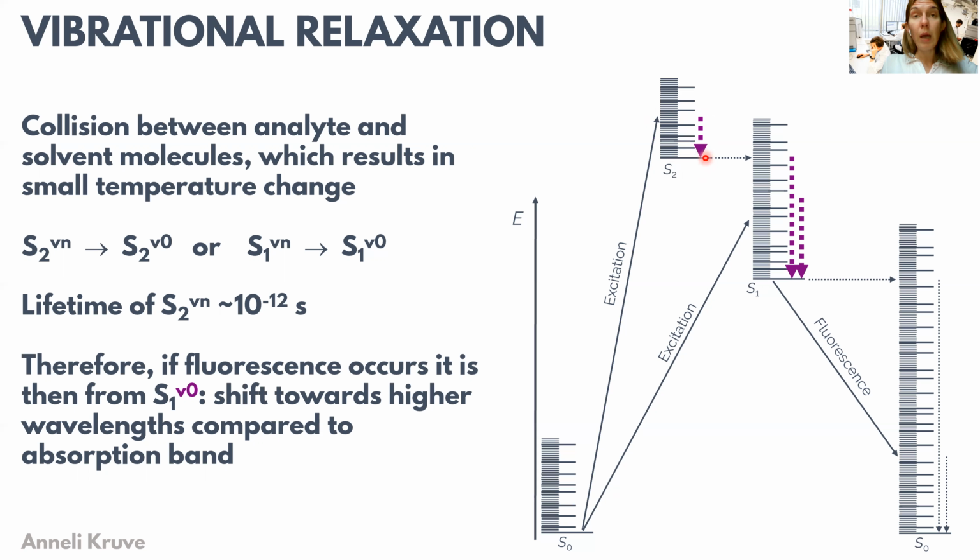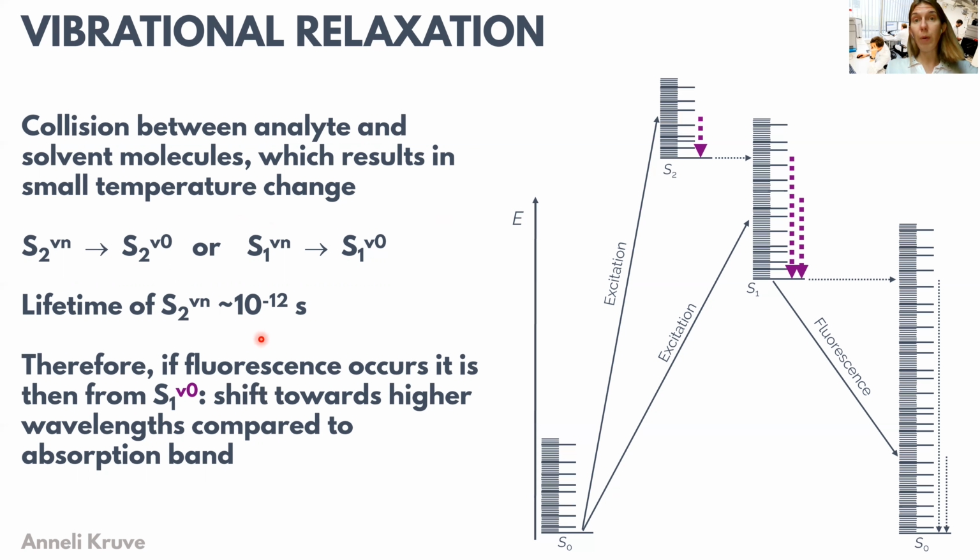S2 V0. And this happens on all of the levels where the molecule is excited to either S2 or S1. You can see that the molecules return to the vibrationally ground state. And this is happening extremely fast. The lifetime of these vibrationally excited species is one of the lowest in all of these processes.